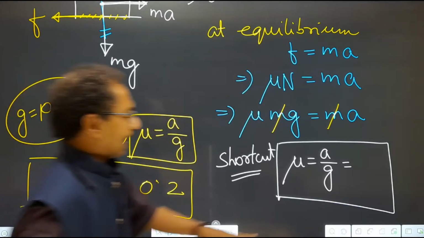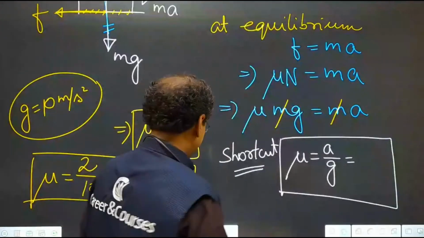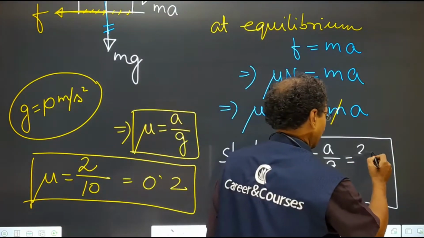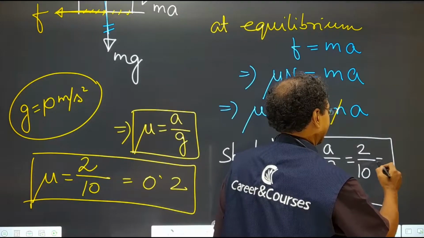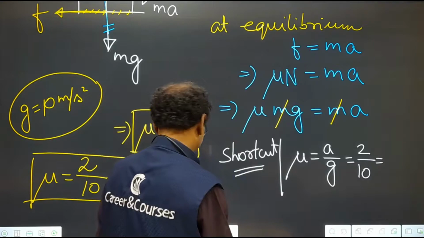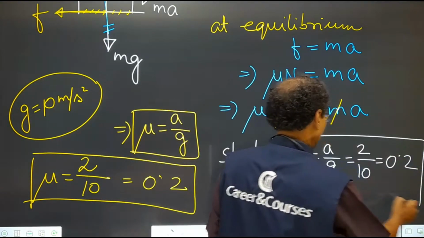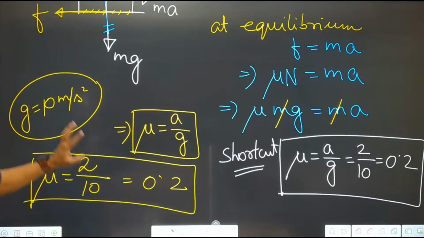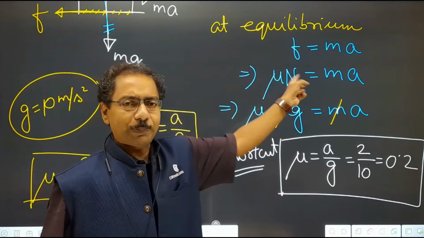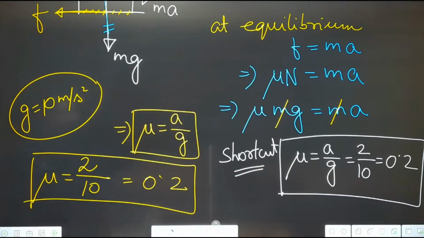Here the acceleration or retardation we have got is 2. If you divide 2 by 10, you get 0.2. So without drawing the diagram, without doing the force balance, we can also solve the questions this way.